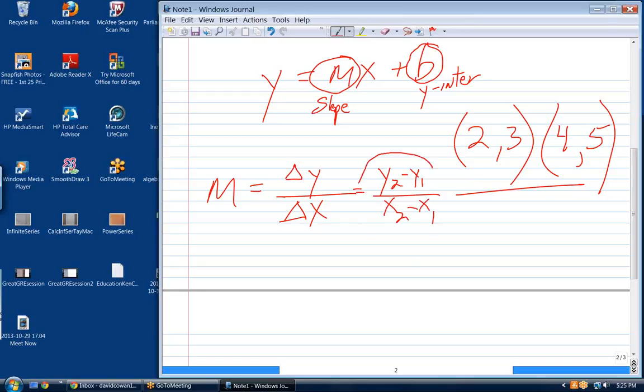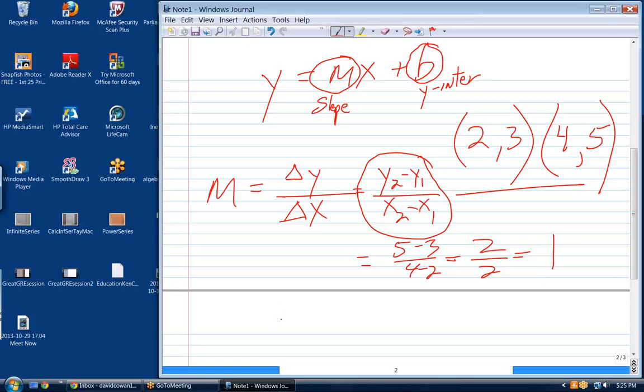So to figure slope, plug in our points. It'd be 5 minus 3 over 4 minus 2, which is equal to 2 over 2, which is equal to 1. So again, slope is equal to 1.